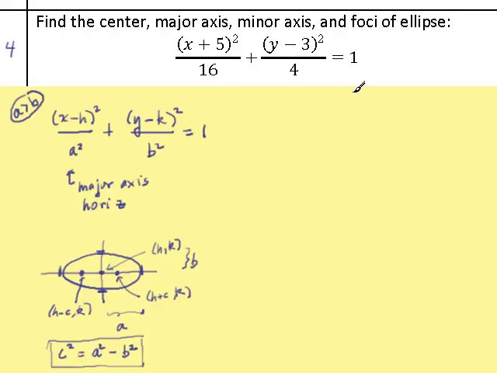In number 4, we have the equation of an ellipse, and we want to find the major axis, the minor axis, and the foci. So here's a picture of an ellipse, and this is the center. These are the foci, and I'll just remind you that the way we define an ellipse is as follows.